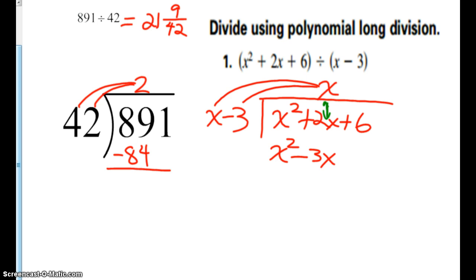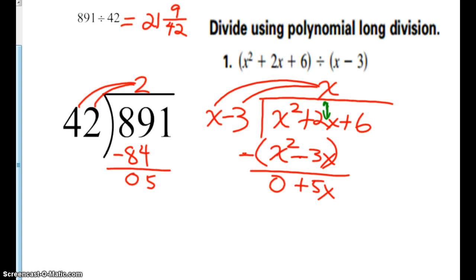I said 9 minus 4 is 5 and 8 minus 8 is 0, right? Well, here I need to subtract. So I'm going to subtract this whole thing. So when I do this, I get x squared minus x squared is 0, and 2x minus a negative 3x is actually plus 3x, so plus 5x. Okay?